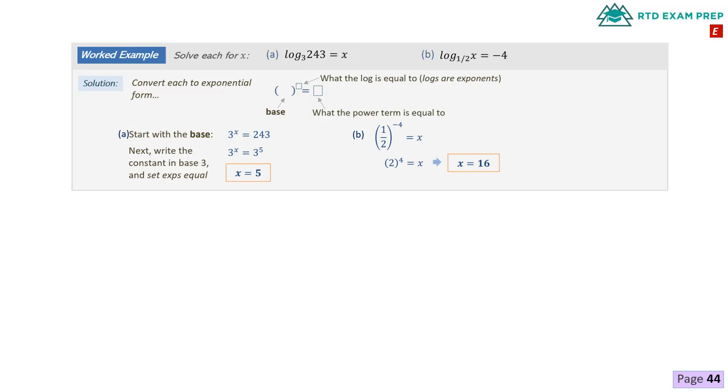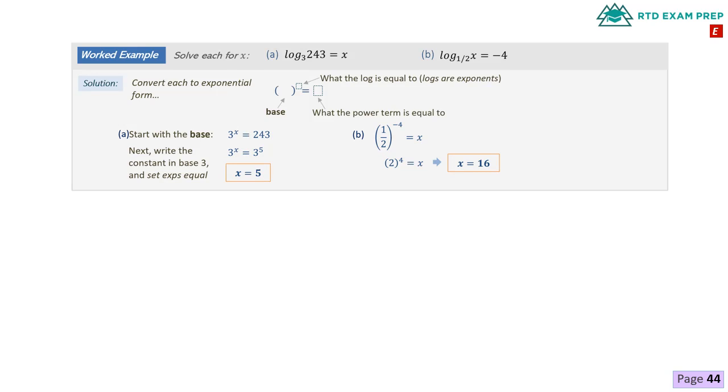So if I look at example A, I have a logarithm with a base of 3. When I convert this to my exponential form, the base of the exponent should be a 3. Also, reminder that the output of a logarithm is the exponent. So here, the x that was answering the question, what exponent goes on 3 to generate 243, should appear as the exponent on that base of 3.